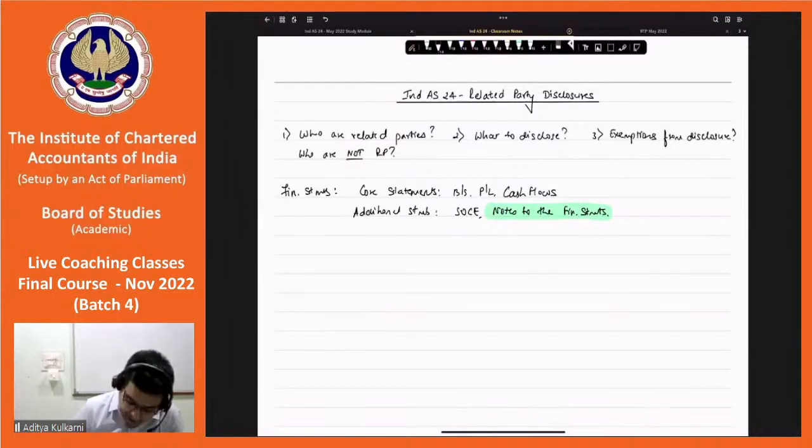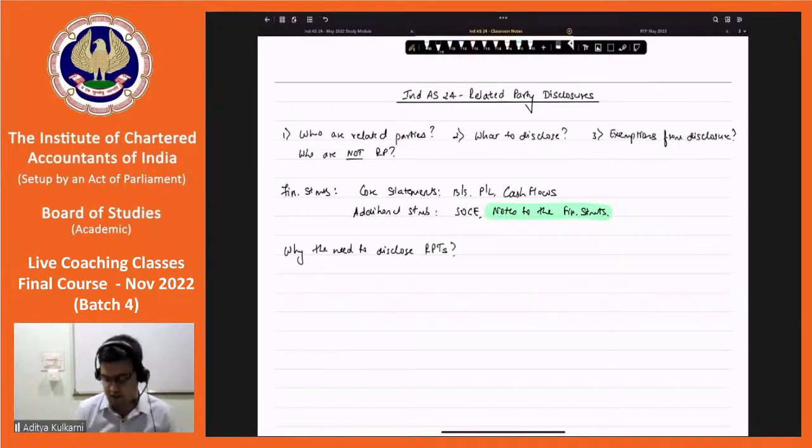Second, why do I need to disclose related party transactions? Why is there a need to do so? See, in today's times, an entity need not necessarily operate multiple businesses by itself.